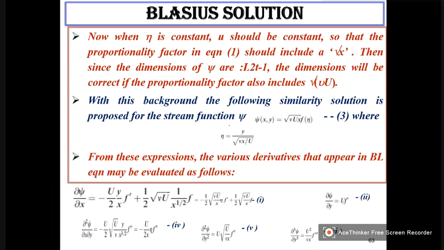The dimensions will be correct if the proportionality factor also includes nu and u. So that is how Blasius has proposed this expression for the stream function. And this is where eta is this.